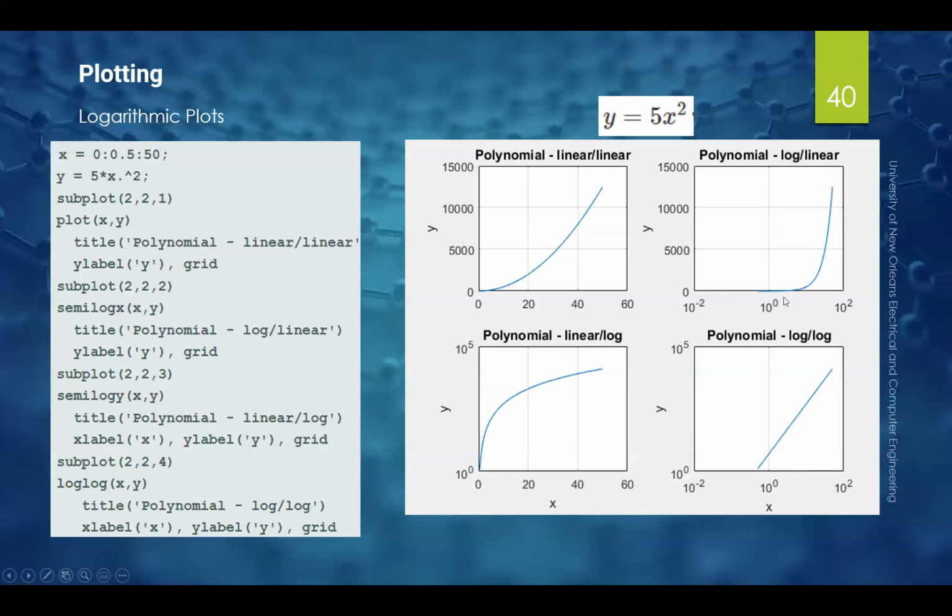It's plotting this as a semilog with x being on the log scale and y being on the linear scale. The next plot that's going to come in, I'm saying, okay, put the next plot in the third location here, and I want to see the semilog, now with y on the log scale and x on the linear scale, and that's what you have.